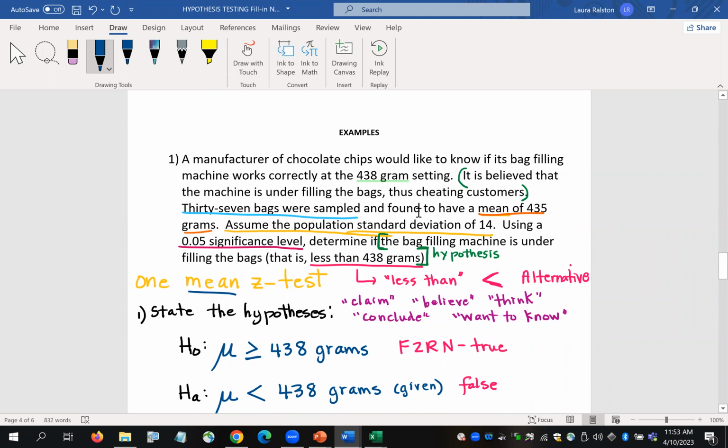If you think about the sentence structure within English, the fact that they're initially saying 37 bags were sampled, they're continuing to talk about that sample. That's how I knew this was the sample mean, even though it didn't literally say sample mean. You really have to pay attention to the way things are worded and phrased and kind of the sentence structure to help you make sure you identify things correctly.